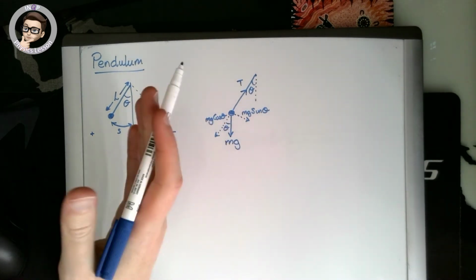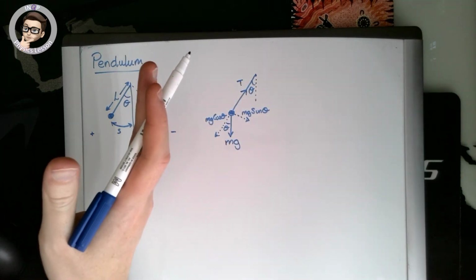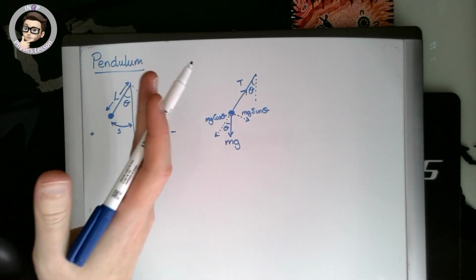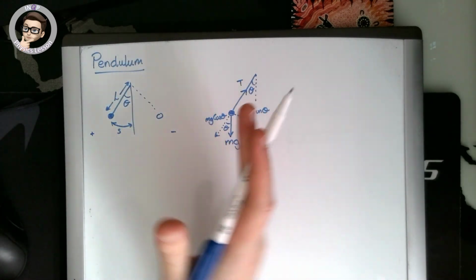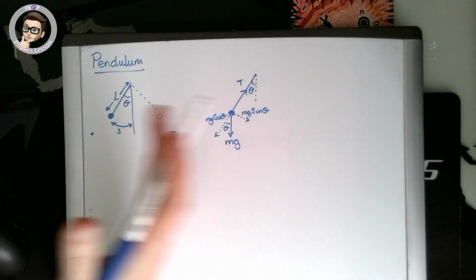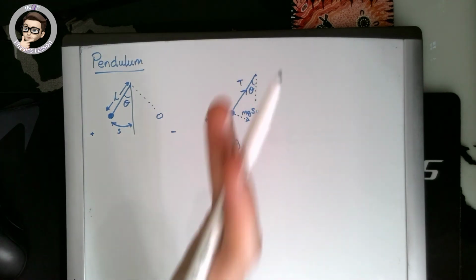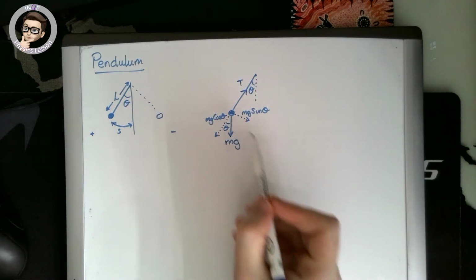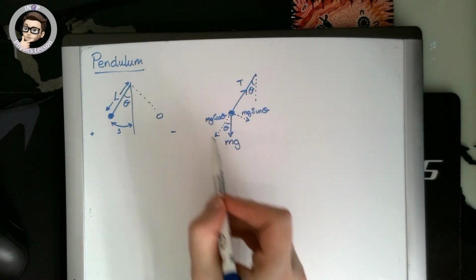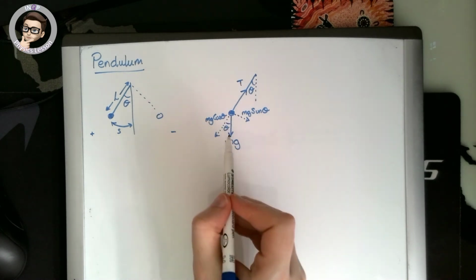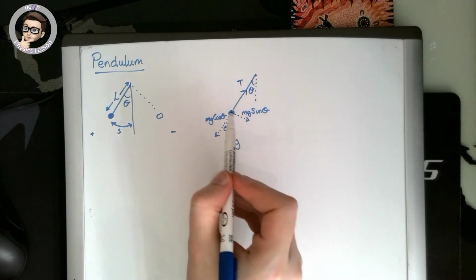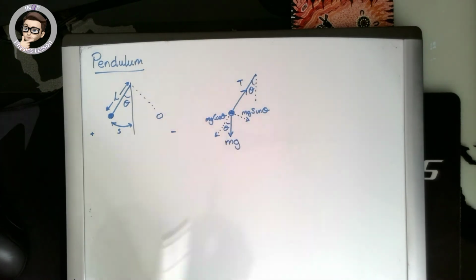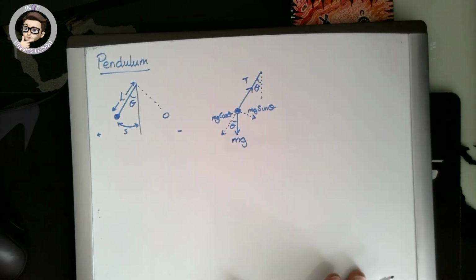Okay, so this bob has been displaced from equilibrium and then let go. It's going to oscillate around that lowest point, and move a displacement S backwards and forwards. We know we have these two components of the weight, coming from decomposing the weight acting vertically into perpendicular and parallel to the tension.